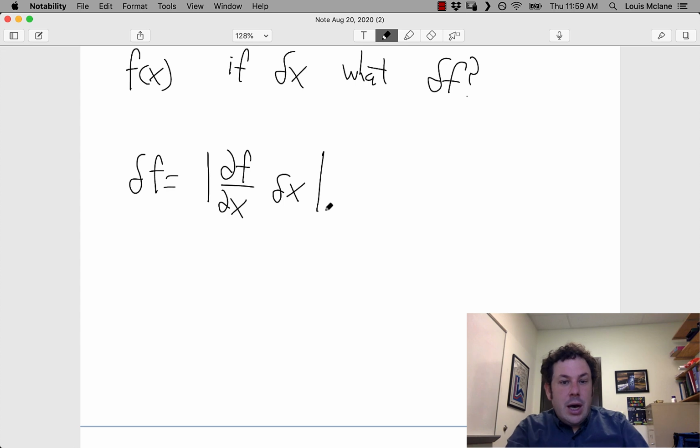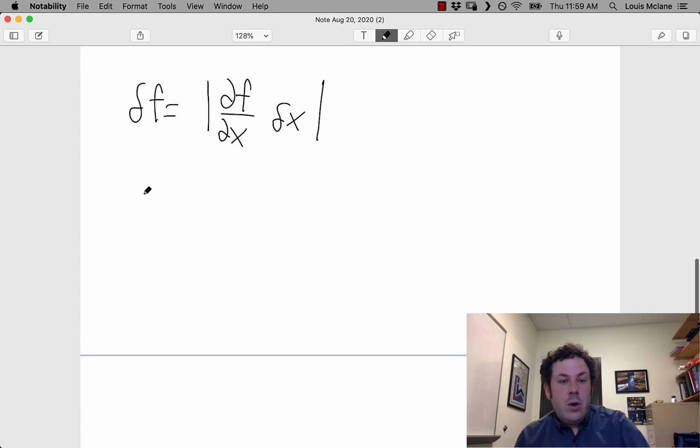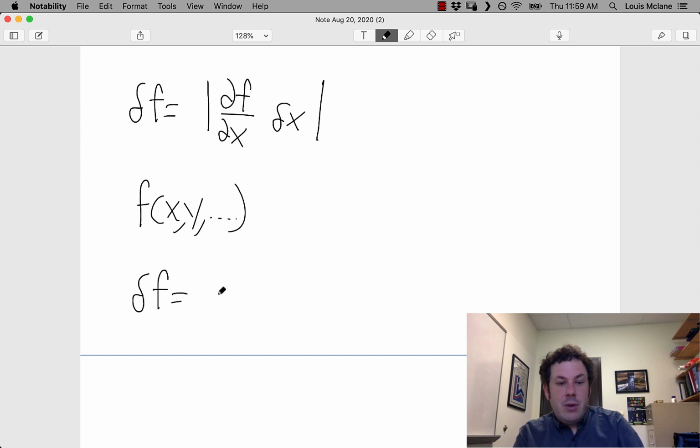It's really simple. If you have more than one measurement, so if you have f as a function of x, y, and many different variables, you have a similar equation. You add them in quadrature, which you may have heard before.